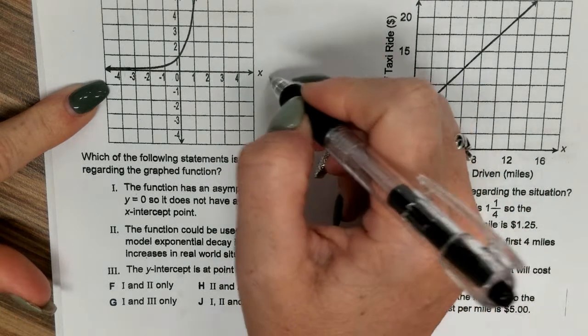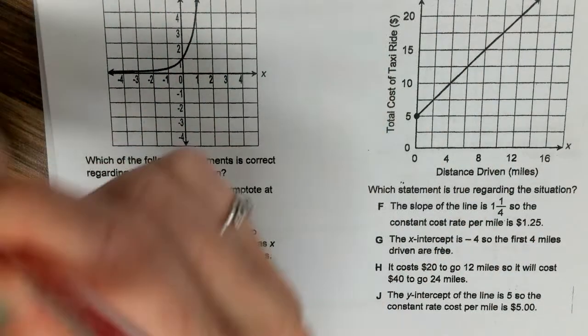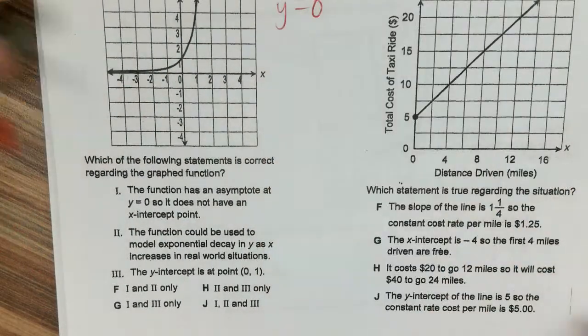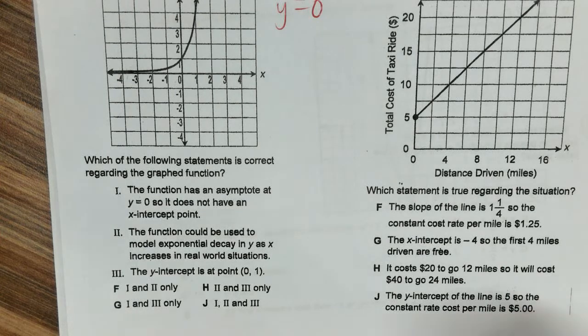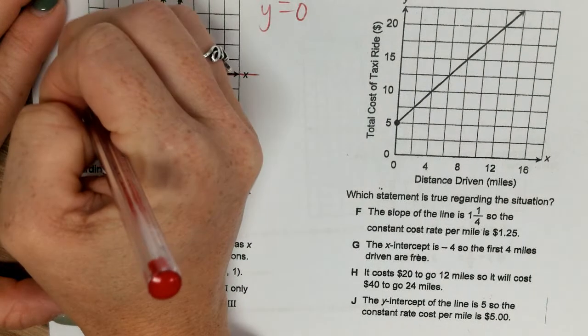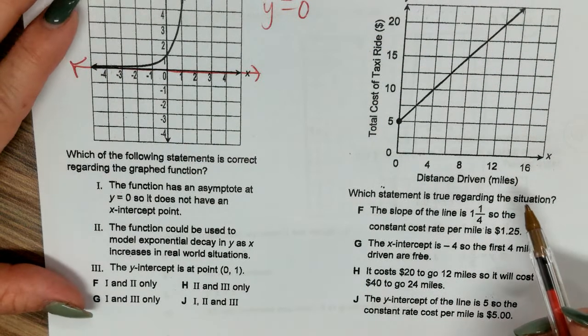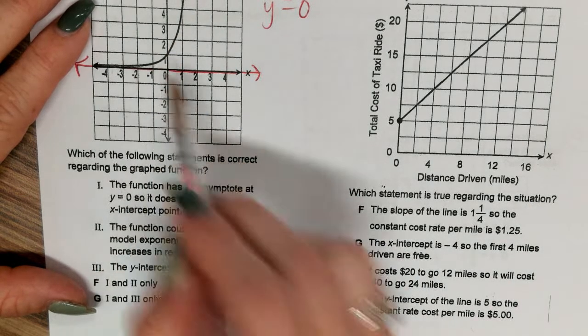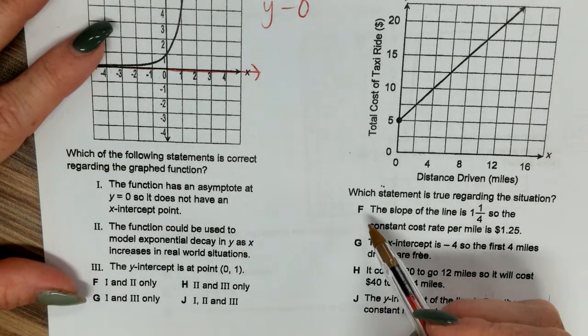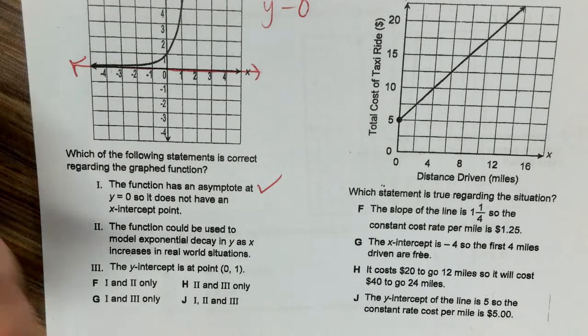Remember, y equals 0 will be a straight line crossing through the y-axis. Guys, listen. Y equals 0 is a straight line crossing through where 0 is on the y-axis, right here. Is that where the asymptote is, where it's never going to touch that line? Yes. Does this line have an x-intercept? No, because it's never going to touch the x-axis. So that statement was true.